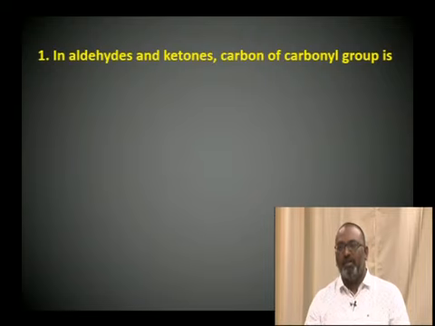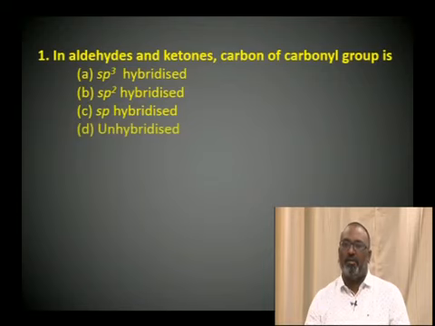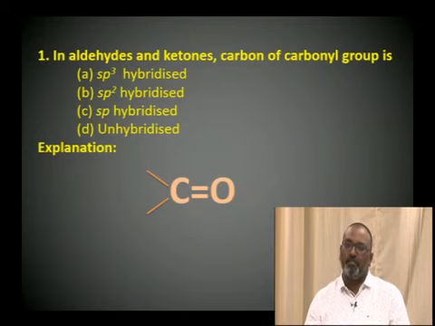Let us see the options given there. sp3 hybridized carbon atom, sp2 hybridized carbon atom, sp hybridized, or it is unhybridized. Now, you can see the structure of a carbonyl carbon atom.